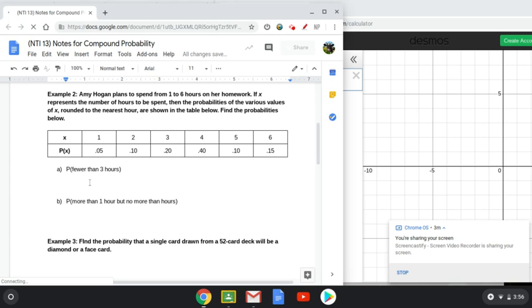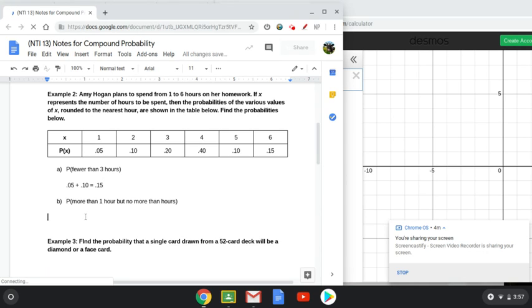Well, in that scenario, when I have the word or, what do I do with my probabilities? Well, I add them together. The probability that she spends 1 hour is 0.05. The probability that she spends 2 hours is 0.1. When I get those together, she has a 15% chance of spending fewer than 3 hours on homework this week.